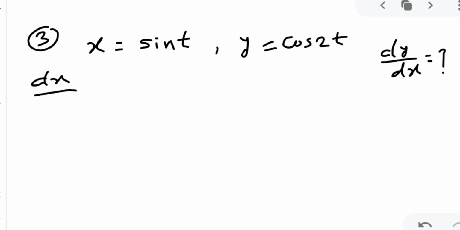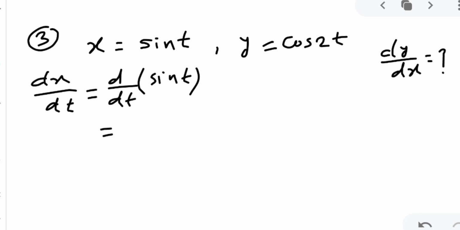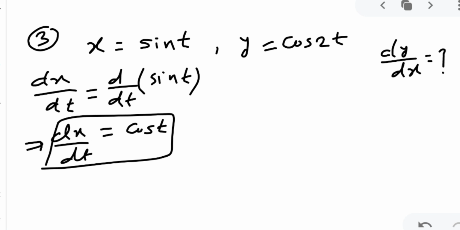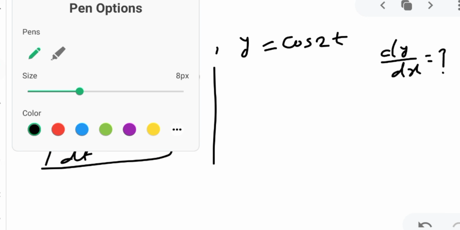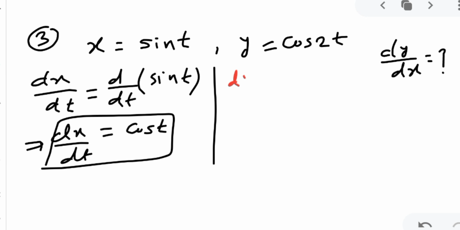The derivative of sin t is cos t, so d upon dt of sin t is nothing but cos t. In this way I got dx upon dt as cos t.